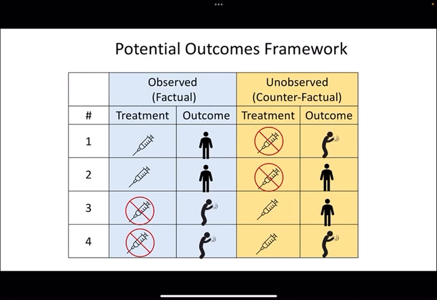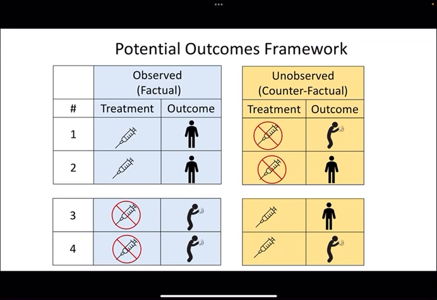That pale blue is the factual observed combination of treatment and outcome, but if we take as a given that there is an unobserved counterfactual situation, individual 1's observed situation is they got treated and didn't get the outcome, and their counterfactual situation is what would have happened if they were not treated. So in this particular situation, when individual 1 wasn't treated in this counterfactual situation, they did get sick. So there's causal inference at the individual level there that the vaccine prevented them from getting sick.